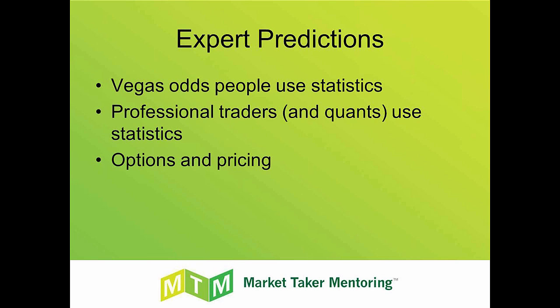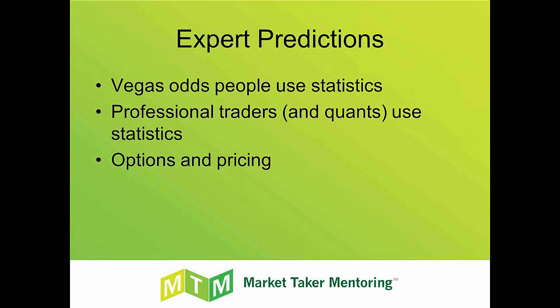It is a statistical endeavor where you lay down exactly what your odds are, exactly what your payout structure is, exactly how, you know, the science and art, but let's talk about the science end of trading. That is what casinos do, Vegas odds people do.